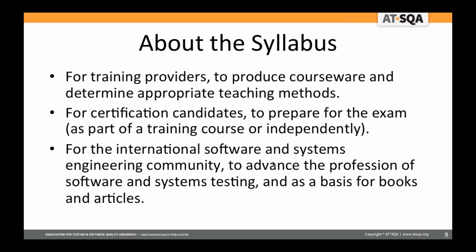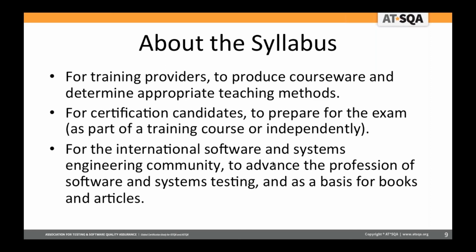And this syllabus and this certification requires that you're able to actually do the things that you're learning in the certification that's driven by the syllabus. Now, as a student or a certification candidate, the syllabus is there to help you prepare for the exam, either part of a training course or to independently self-study for the exam.